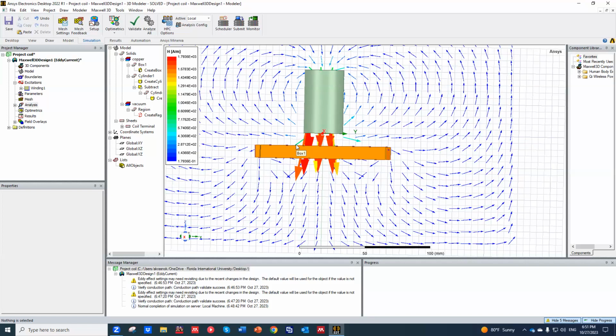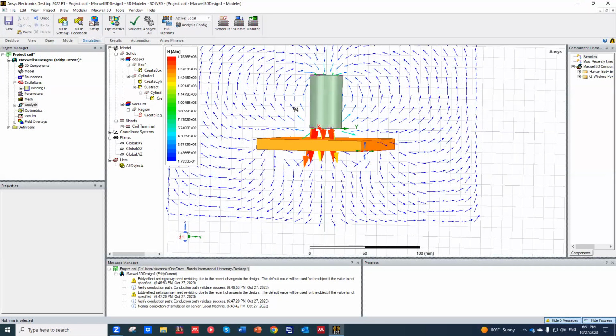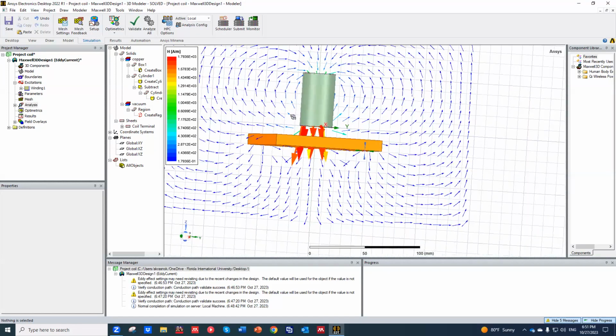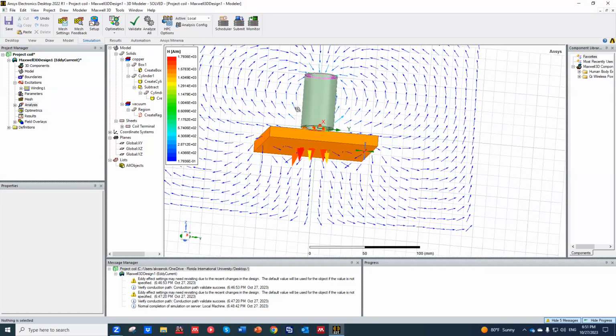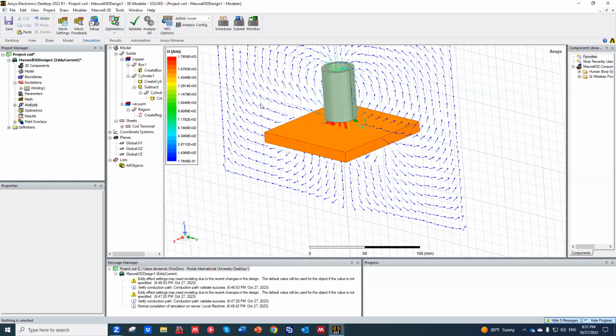Eddy currents, they are currents, right? These currents also create a magnetic field, and the superposition of these magnetic fields from the eddy currents with the magnetic field from the coil basically leads to this change of the magnetic field in the area.